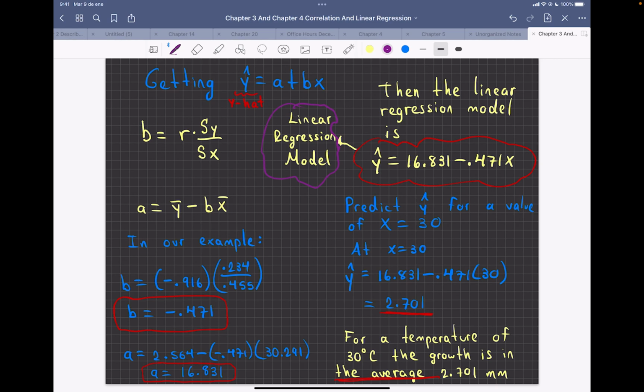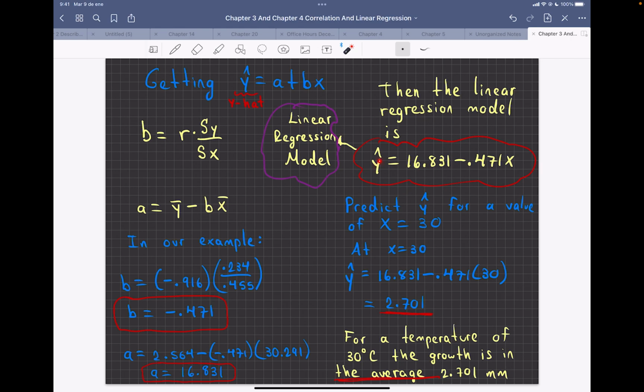So once you have the linear regression model and you want to use it to predict y values in terms of the x, you can do it, but that prediction is going to be only an average. What is the average growth for a temperature equal to 30 degrees? 2.701 millimeters on average.